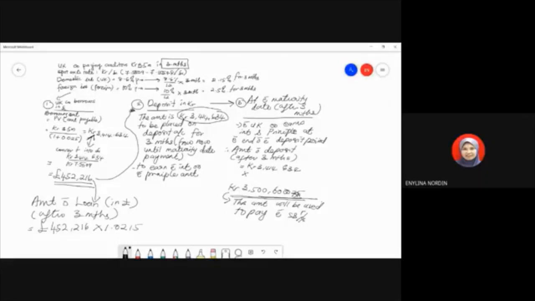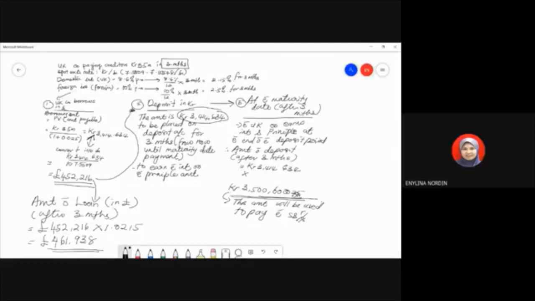So your loan now after 3 months becomes 461,938 pounds.